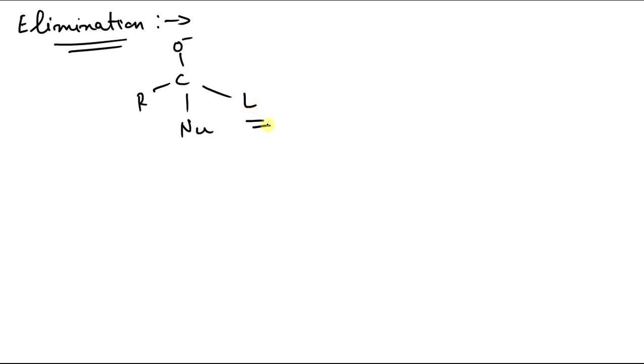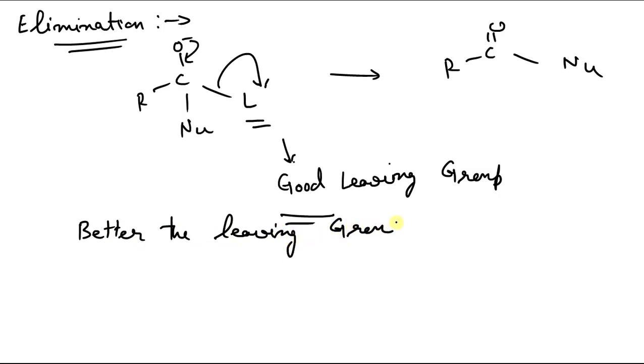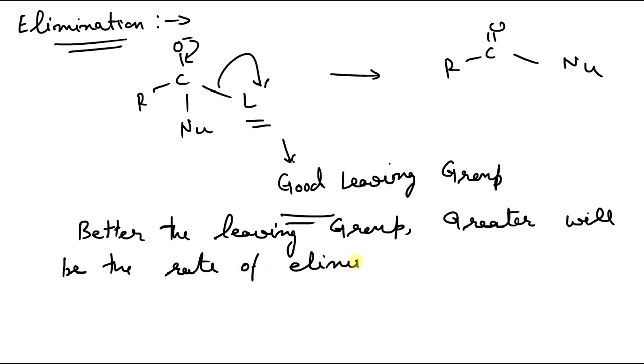Now this L group, if it is a good leaving group, then this elimination will occur and we will get the product. So the better the leaving group, the greater will be the rate of elimination. Now which groups are better leaving groups?